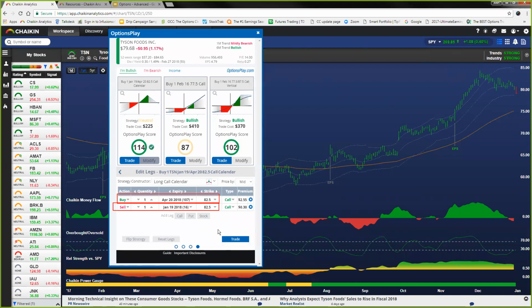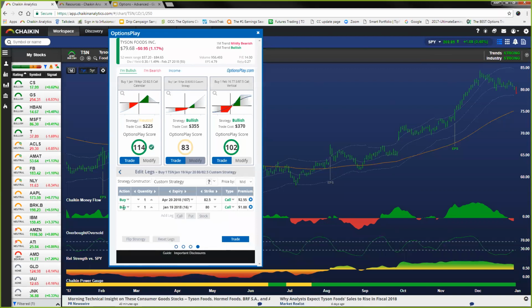A diagonal calendar spread is where we change the legs. So in here, I'm going to turn our regular calendar spread that we created on the left panel into a diagonal using the same expirations. So we went with April and January, and the first leg was 82 and a half for both.